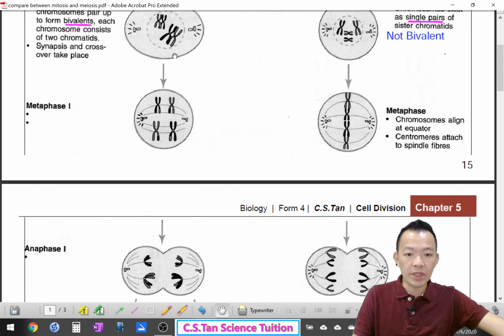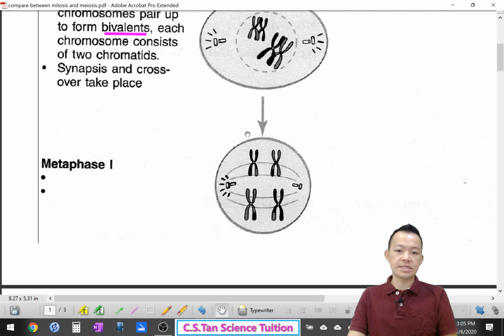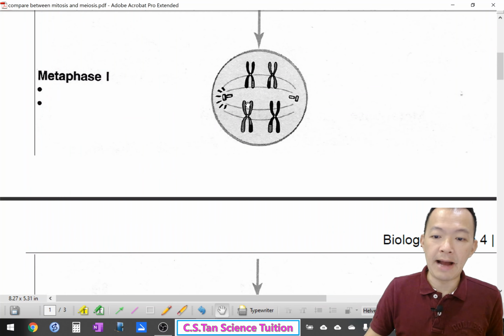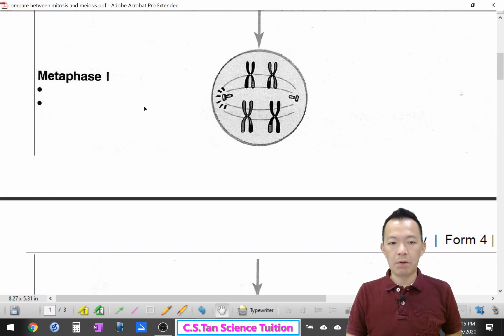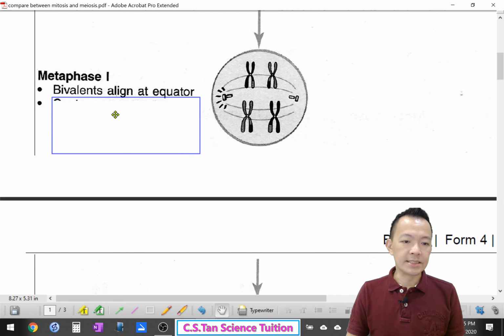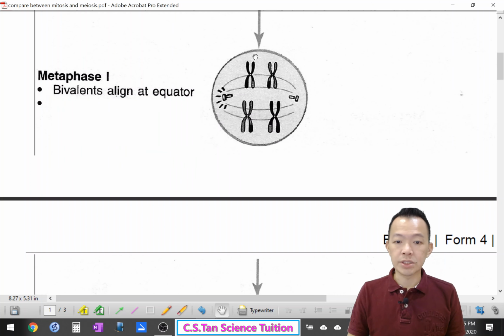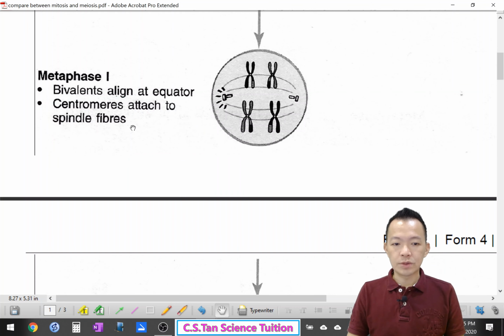So who aligns at the equator? We don't call them chromosomes, but they are a pair of chromosomes, so you can call them homologous chromosomes. Or because they are homologous chromosomes standing together, we can also call them bivalents. So bivalents, or homologous chromosomes, align at the equator, in the middle of the cell.